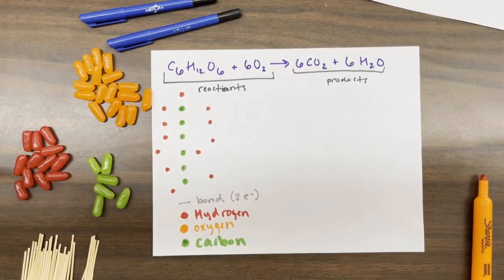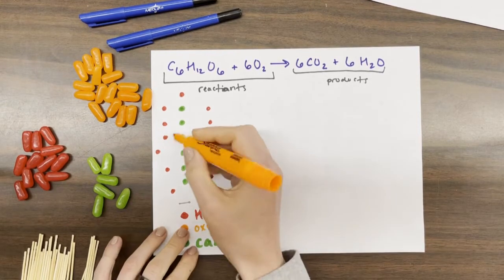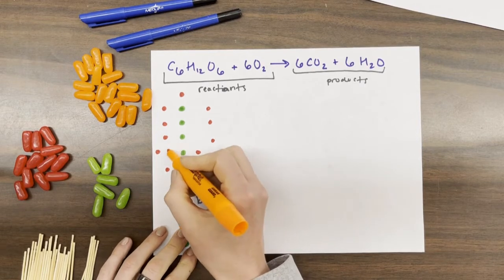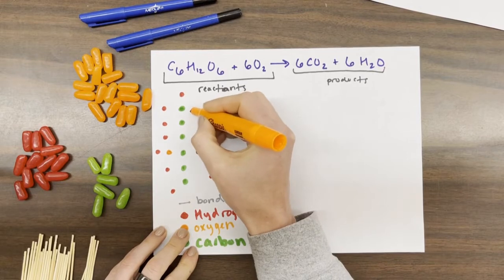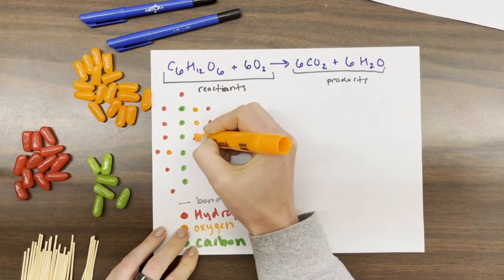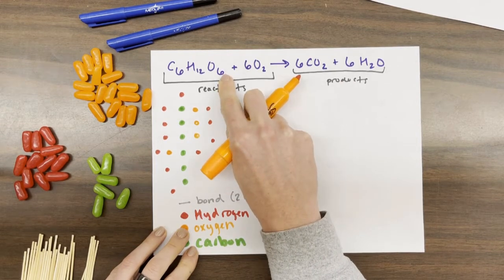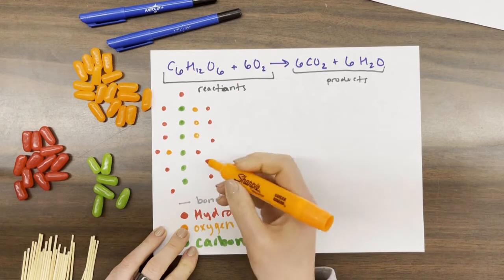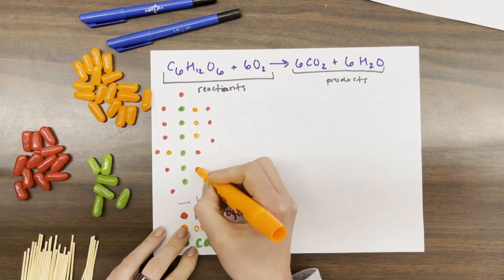I should have put my oxygens in first. So I'm going to go ahead and put my oxygens in. Those are going to go right here, right here, right here. How many oxygens do I have? I am going to have 6 oxygens in this one. 1, 2, 3, 4, and then 5, one right here, and then one right here.